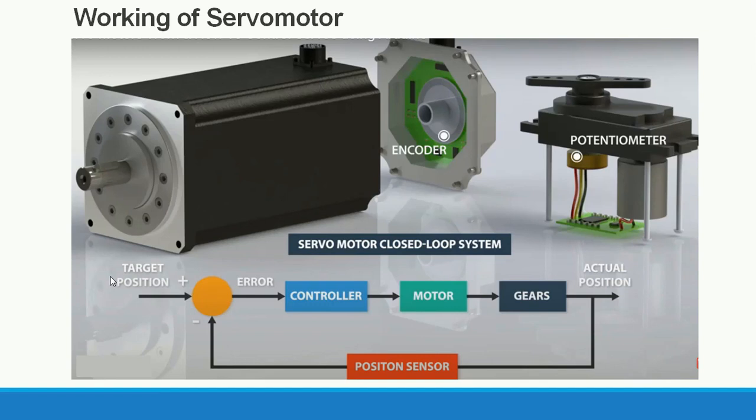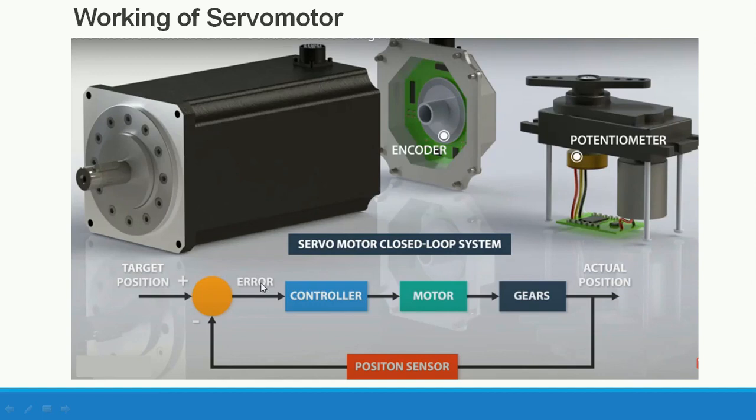For example, if the target position of the shaft is 45 degrees and the actual position is 40 degrees, there is an error of 5 degrees. That error shall be rectified by moving the motor and gears.